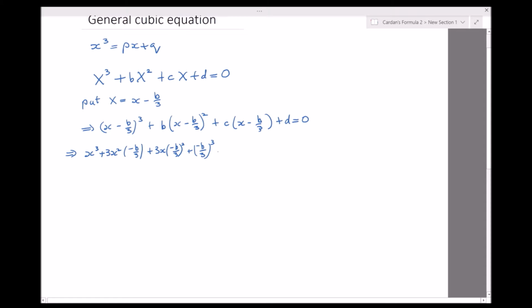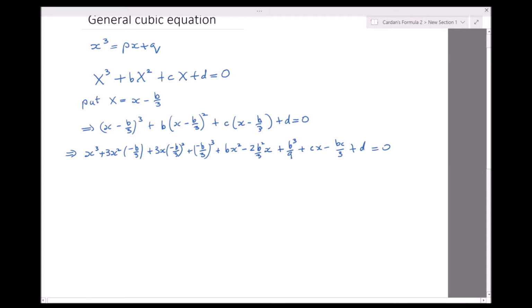The next bracket, plus bx squared minus 2b squared over 3 x plus b cubed over 9, plus cx minus bc over 3 plus d equals 0.